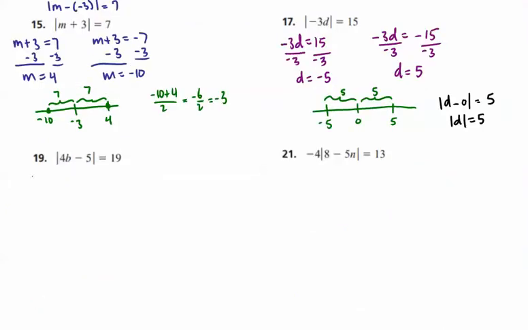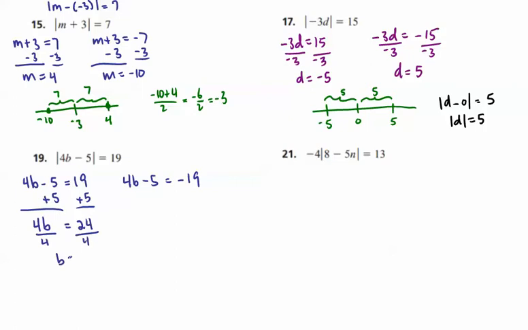With number 19, we have an isolated absolute value equals a positive number. So we set up two equations. 4b minus 5 equals 19. 4b minus 5 is equal to negative 19. We start by adding 5 on both sides, and we end up with 4b is equal to 24, dividing by 4, b is equal to 6.